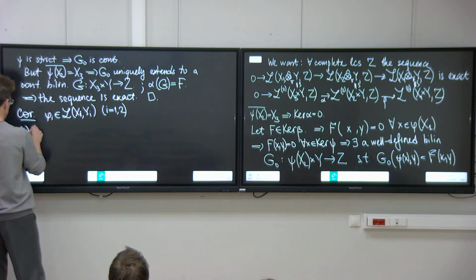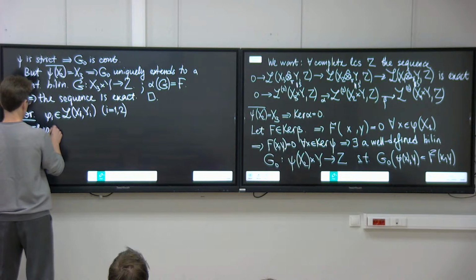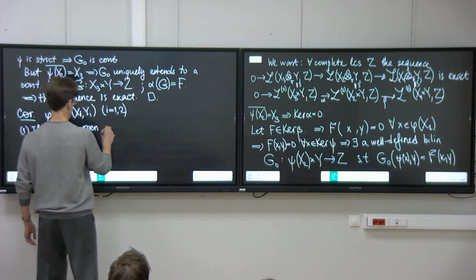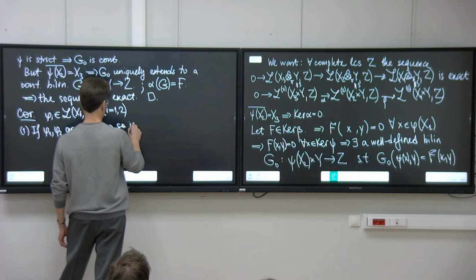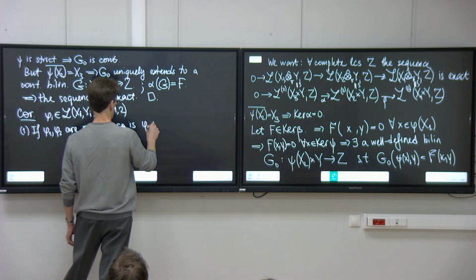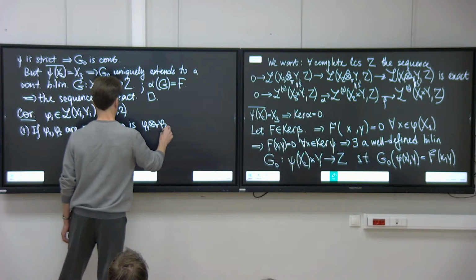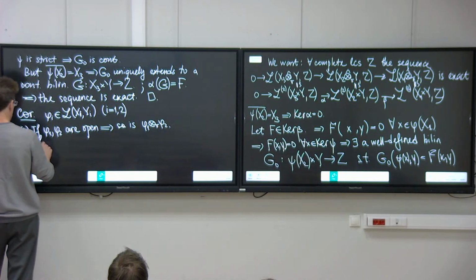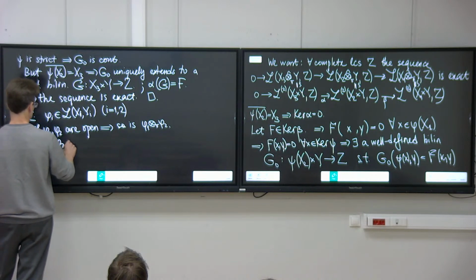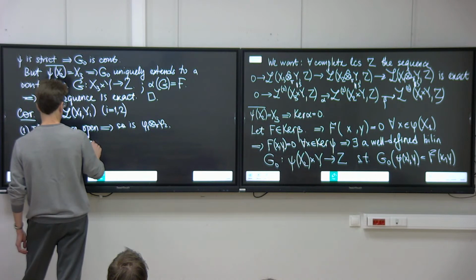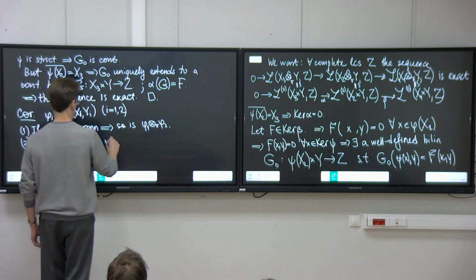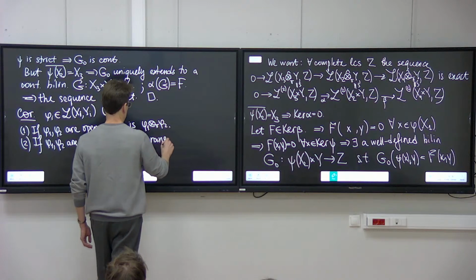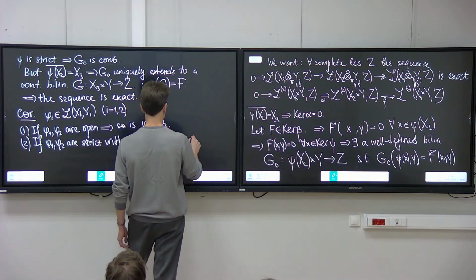I claim that if phi1 and phi2 are open, then so is their uncompleted projective tensor product. If they are strict with dense ranges, then so is the completed projective tensor product.